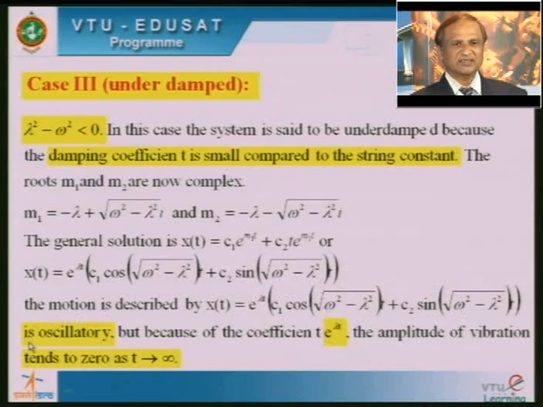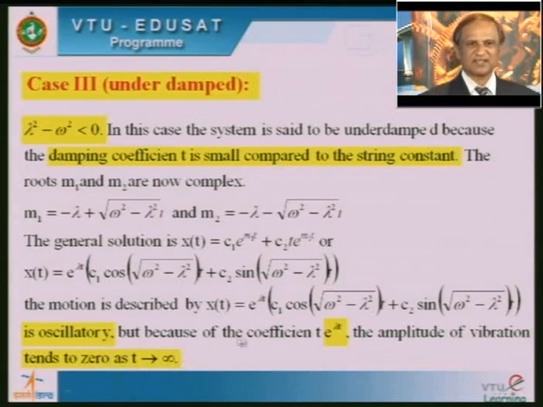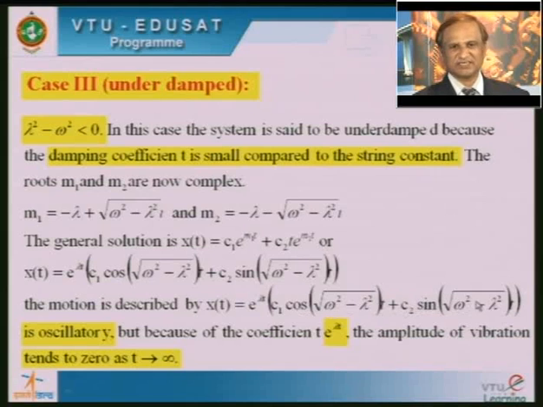So clearly it is oscillatory, but because of the coefficient e to the power lambda t, the amplitude of the vibration tends to 0 as t tends to infinity. Is it clear? This factor or term is present in this equation.